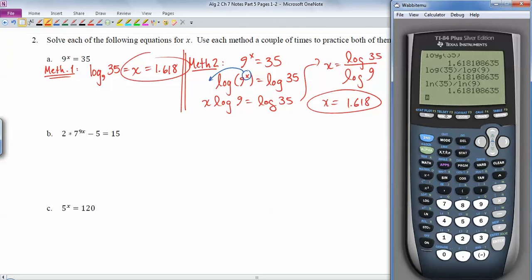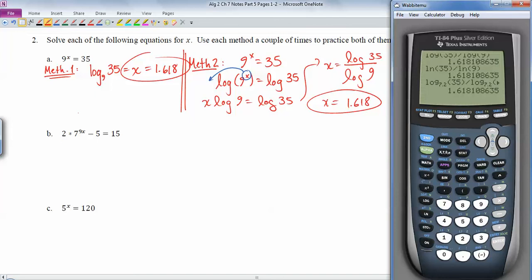If I really wanted to, not that I would recommend doing this, I could do log base 7.2 of 35 and divide it by log base 7.2 of 9, and you're still going to get the same thing. It doesn't matter what the base is, as long as you're taking the same log base of both sides.